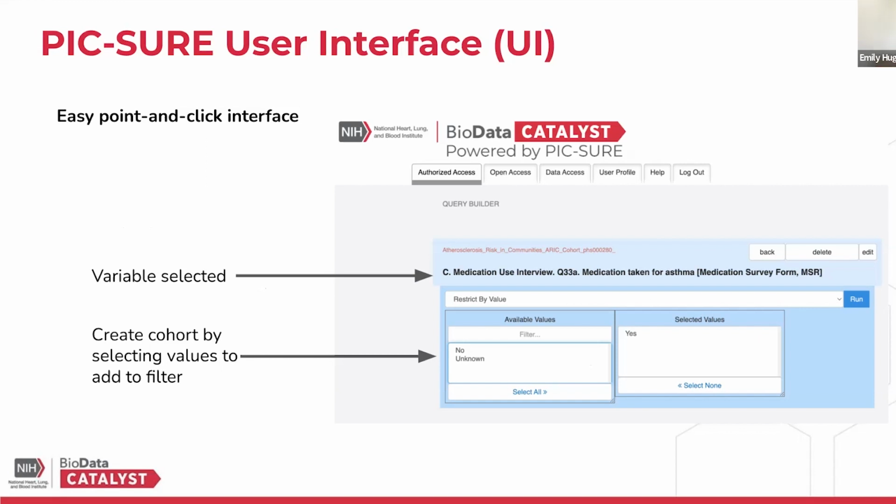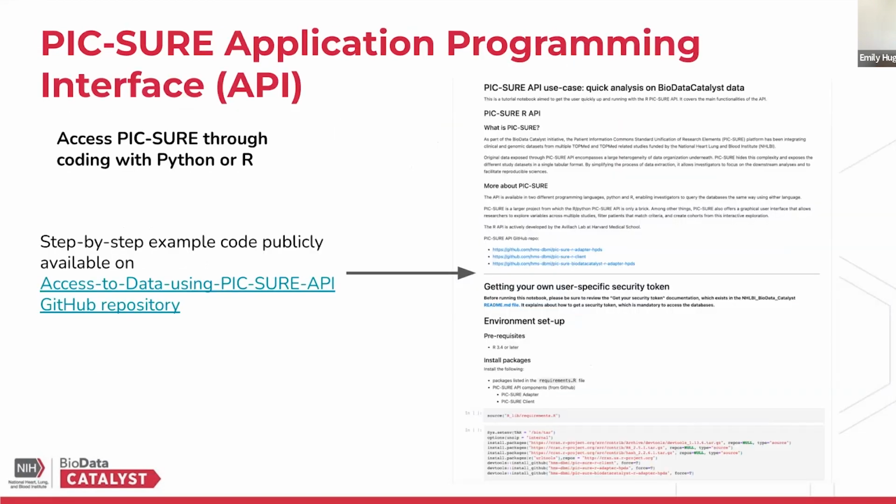So you can filter your subset of patients using this. And then on the other hand, you can use the API to do this with Python or R code. And so we actually have step-by-step example code that is publicly available on our GitHub repository. And so that is linked here as well.